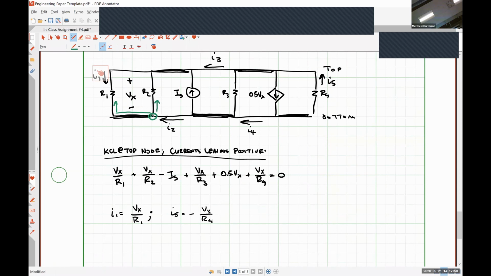Is everybody okay with that? Okay, so we know what the current flowing in is, I2. So how are we going to express the current flowing up through the resistor R2 in terms of Vx?